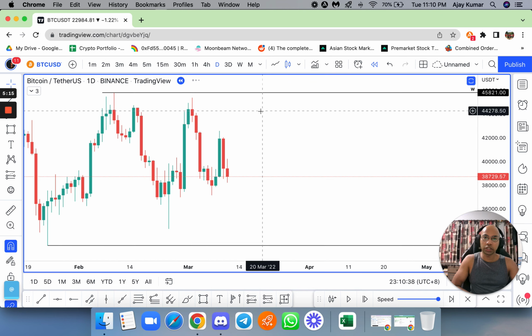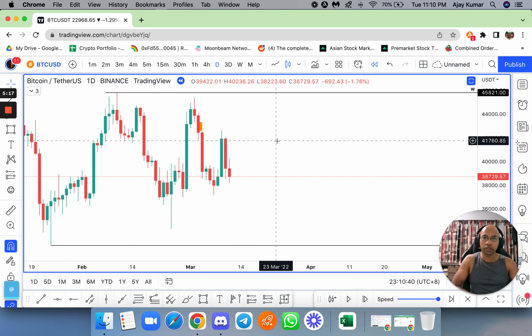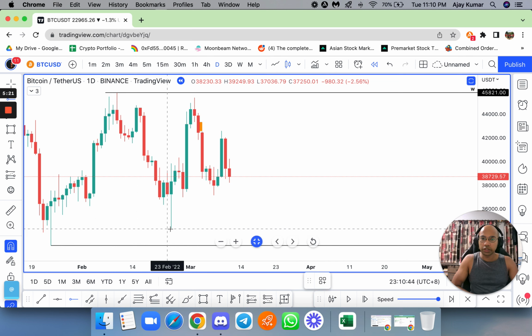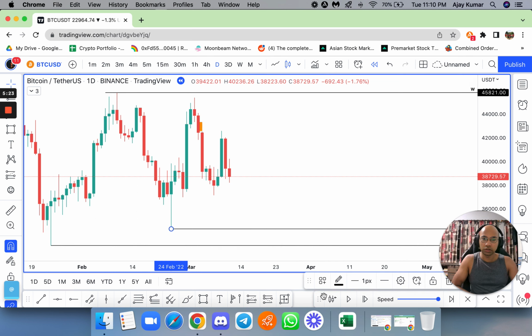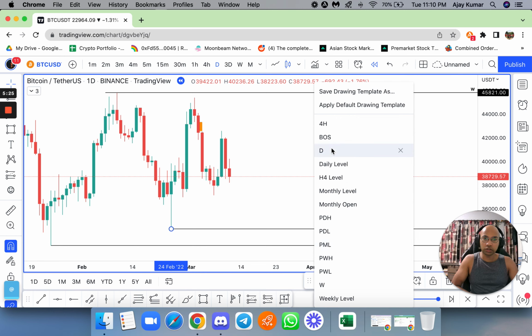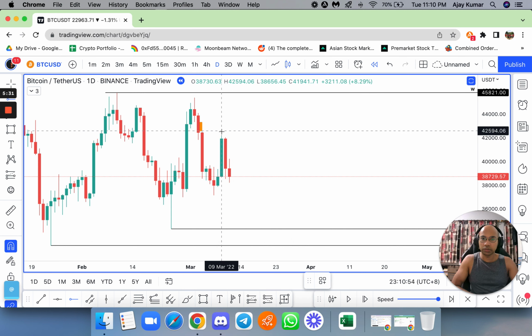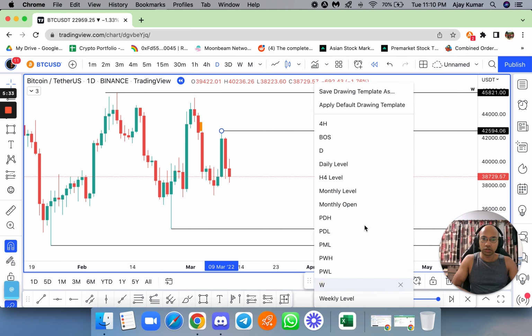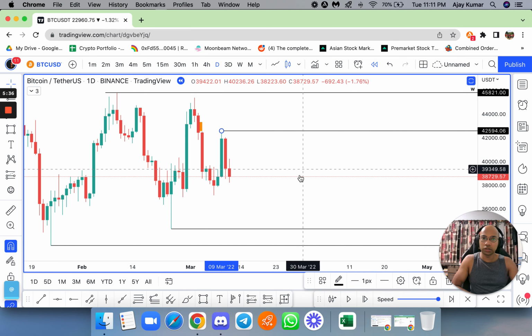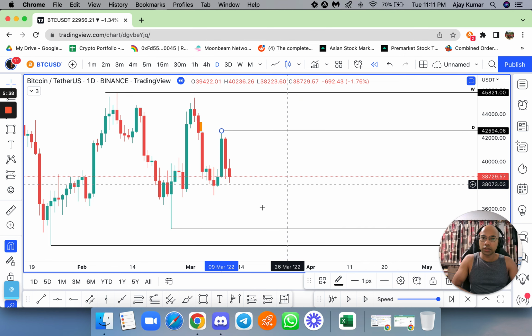Let's go to the daily chart and see what's happening here. We can clearly see there's a pivot here. We'll mark out the daily pivot. Any other pivot? This is a daily pivot again. Any other pivot?